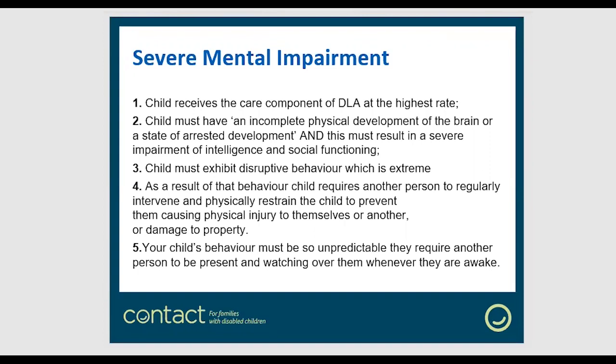How does that impact on their mobility needs and their ability to get around out of doors? So it doesn't necessarily make sense. And there's undoubtedly an argument that the severe mental impairment rules should be amended and made much more logical and streamlined. But the reality is, until the law is changed, these are the rules that we have to deal with.